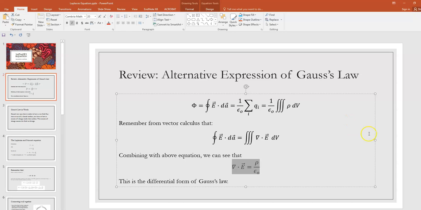In words, the differential form of Gauss's law says that if you have a charge density, rho, then that will cause the electric field to diverge, okay? In other words, it'll cause it to split off and spread out, or converge in, right? So there'll be some change of the path of the electric field, a divergence in the field if you have a charge density. Okay, so that's the differential form of Gauss's law.